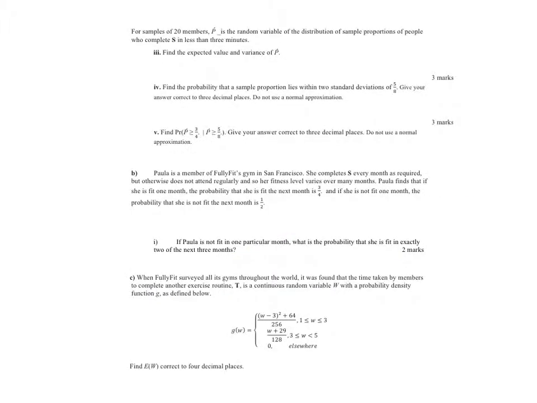So we now got a sample size here. What's happened there? Got a sample size. So the expected value is simply equal to the population proportion, which is equal to 5/8.